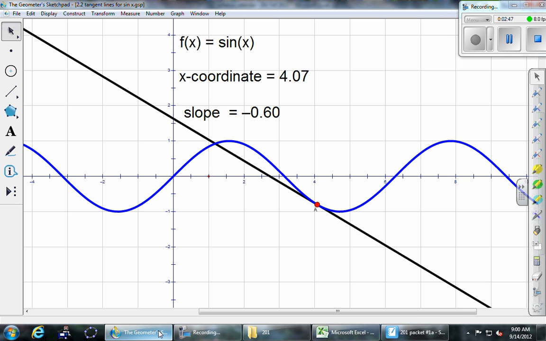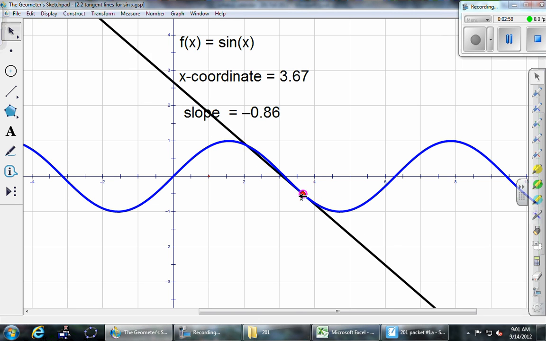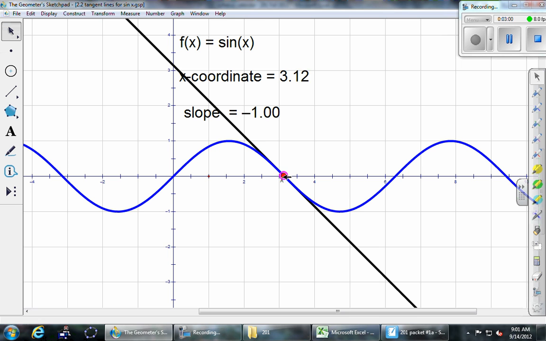So we could plot a point, couldn't we? You go over to 4, which is right here, and you go up to about 0.6. Maybe right around there. That's a point, yes? And then I can move this tangent line over to, say, around 3. At 3, what's the slope of the tangent line?